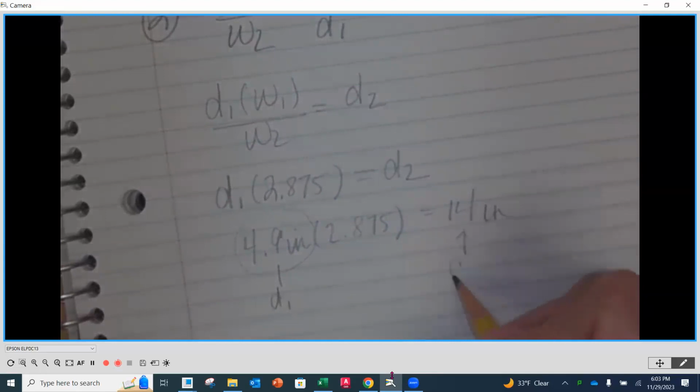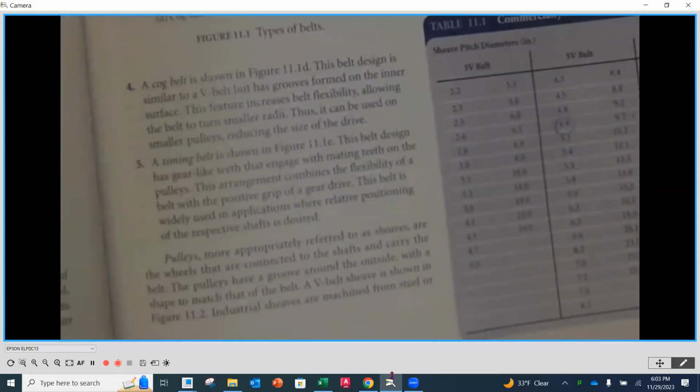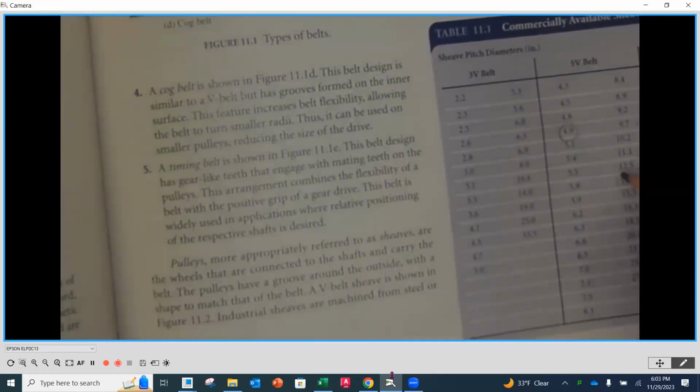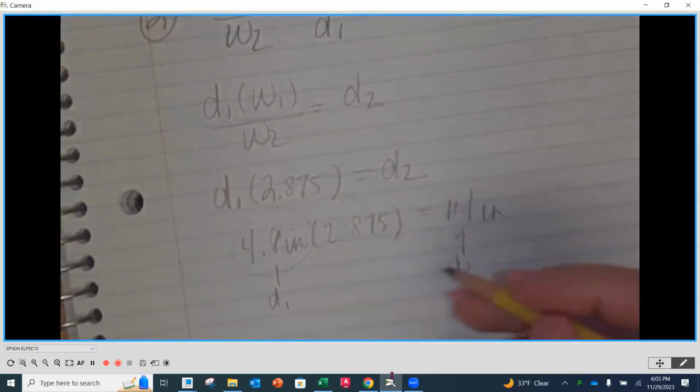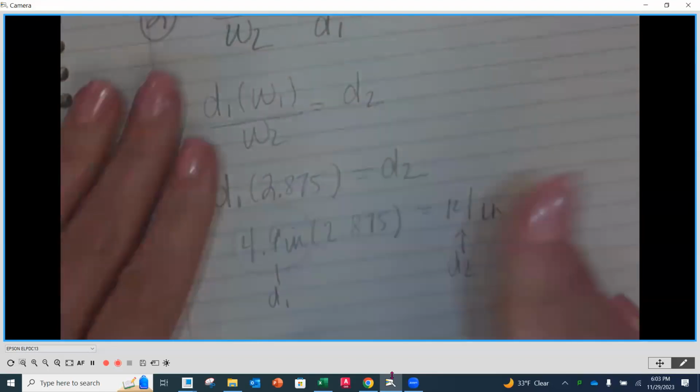And so this would be a possible D2. You got what? 13.9. Oh, there is a 13.9. Yep. So if we look here, there we go. There's a 13.9.